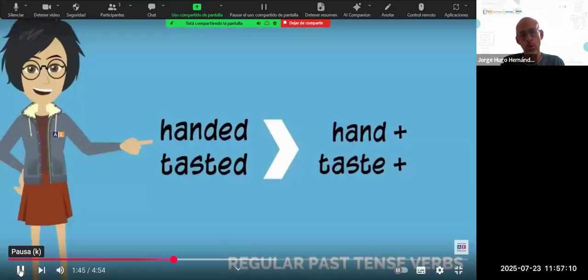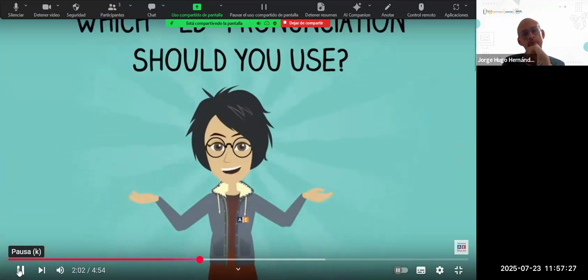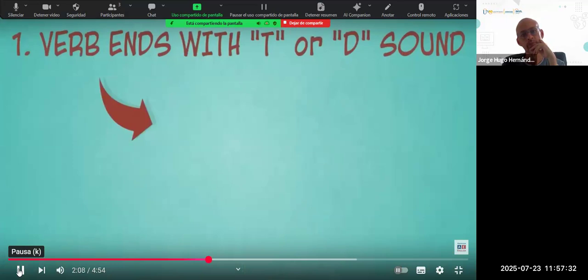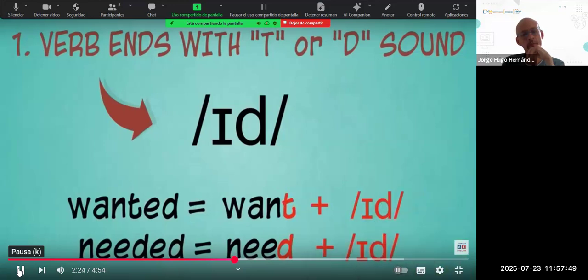The ed in handed and tasted ended with an id sound. Handed, tasted. So how do you know which ed pronunciation to use? There are 3 rules to remember. First, if the verb ends in a t or d sound, use the id ending. For example, the past tense of verbs want and need becomes wanted or needed.